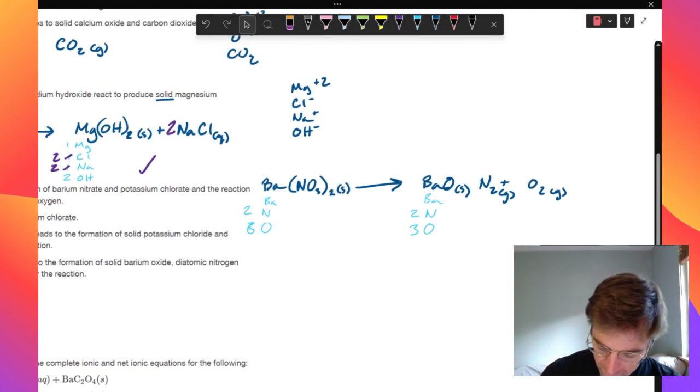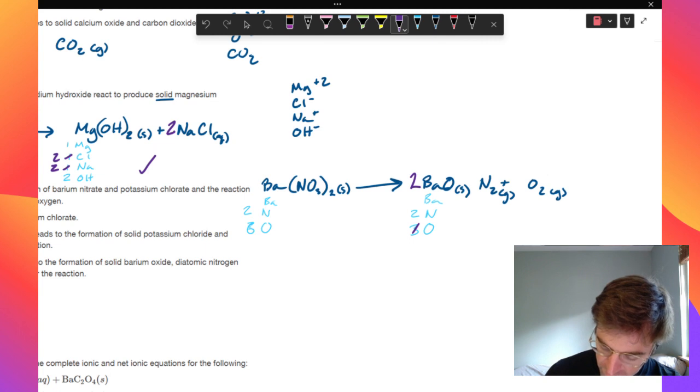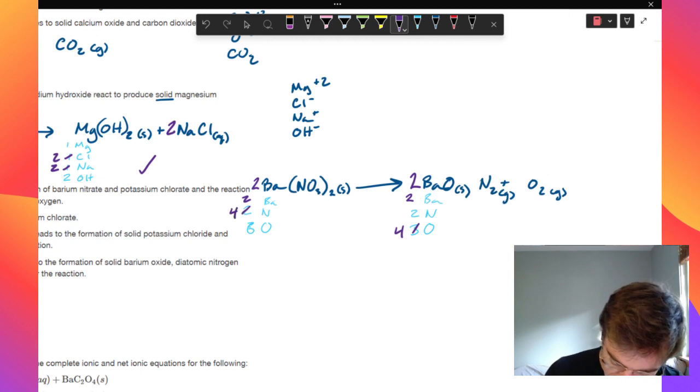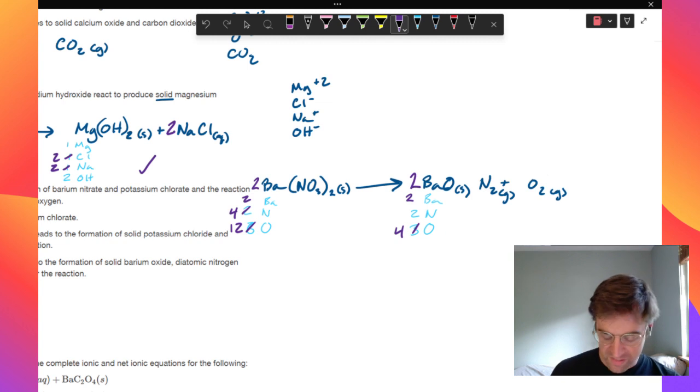So I'm going to throw this in here first, because that's going to give me now 4 oxygens and 2 bariums. Everything else stays the same, but now we've got to go on the other side here and add a coefficient that's going to double everything else. So we've now got 2 bariums, 4 nitrogens, and 12 oxygens. It gets better.